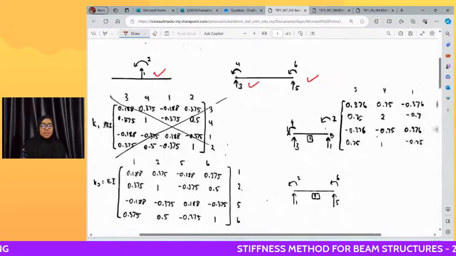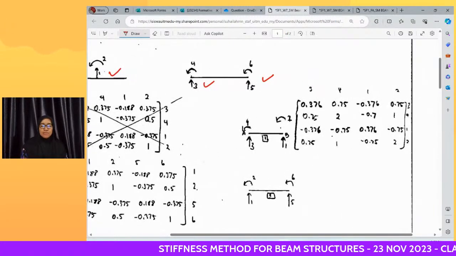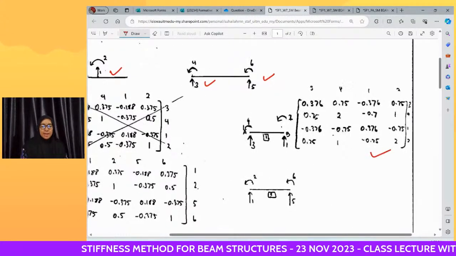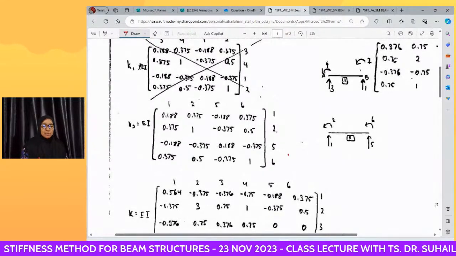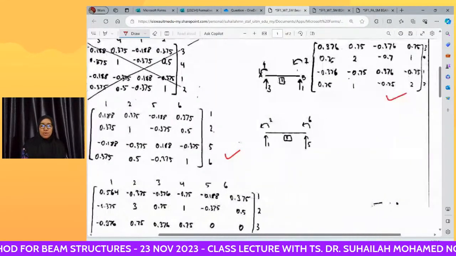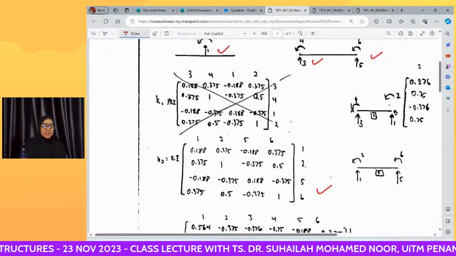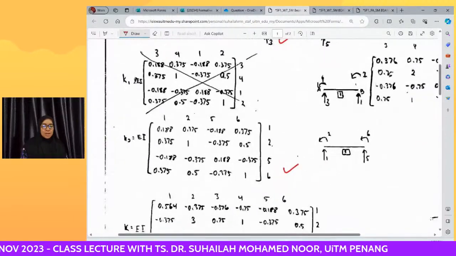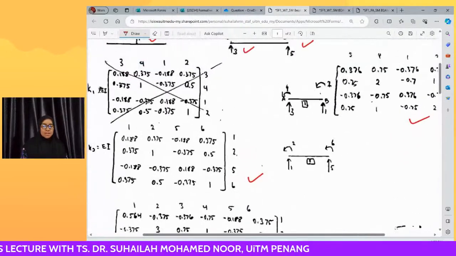So the labels 3, 4, 1, 2 are correct, and another one is 1, 2, 5, 6. Don't forget to put EI.